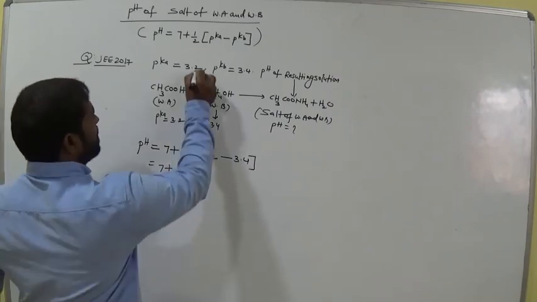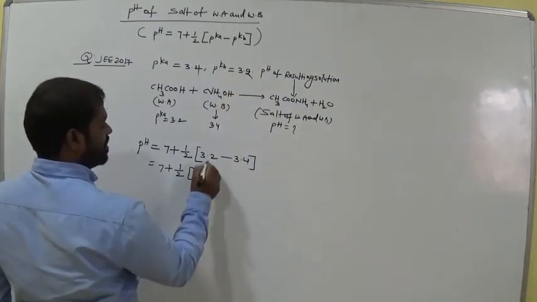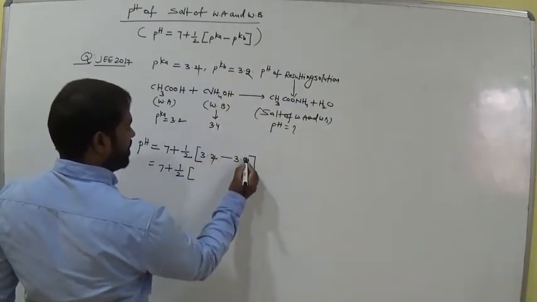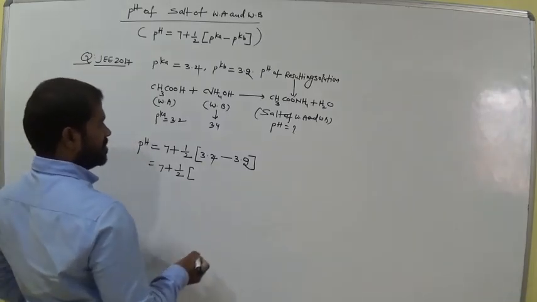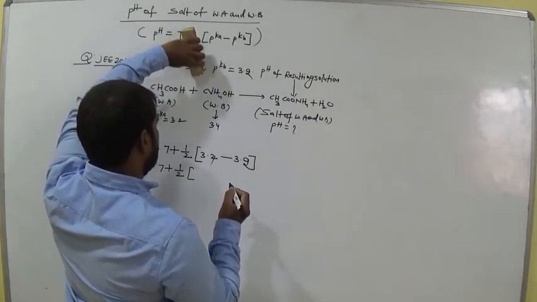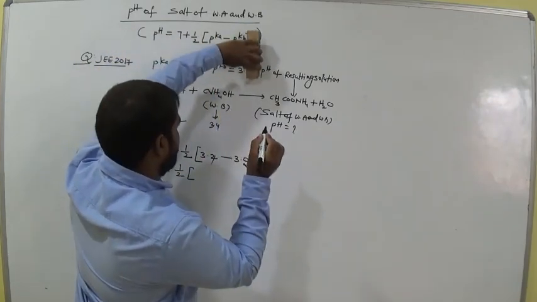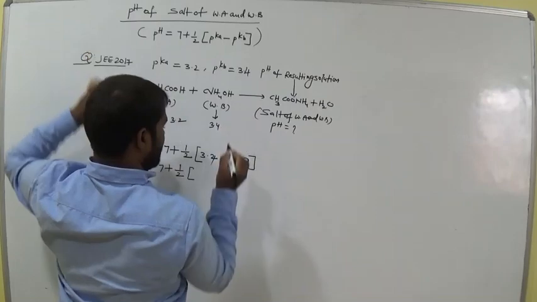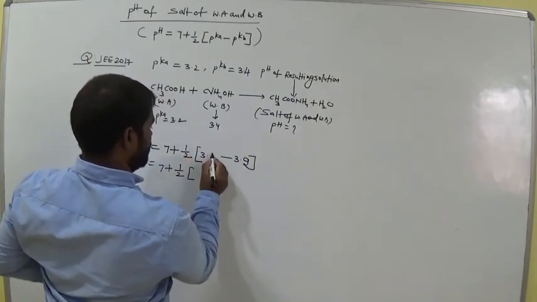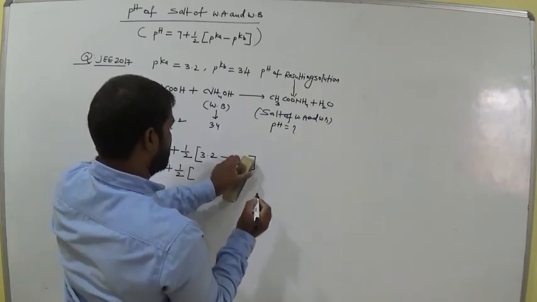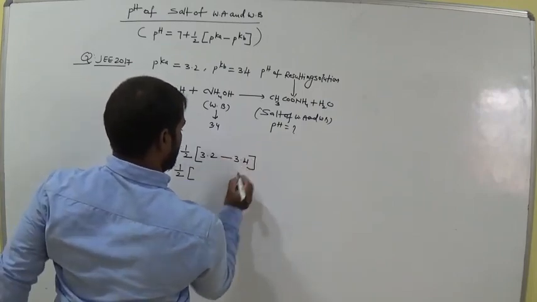Just change the values. Now this is 3.4, this is 3.2. Clear? So write as usual, 3.2, 3.4, write the same.